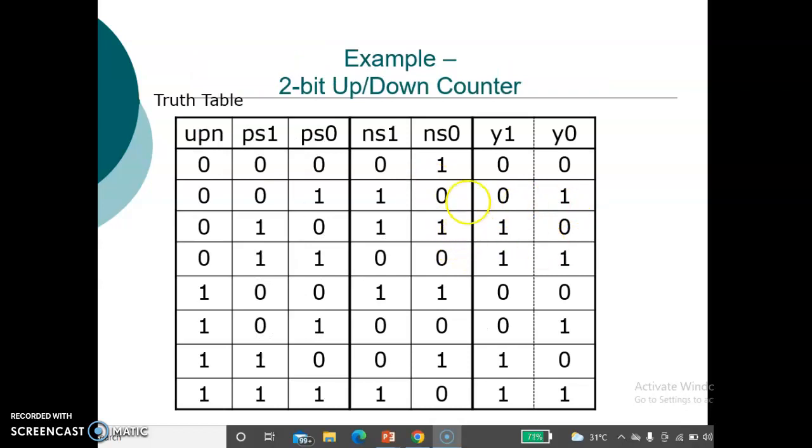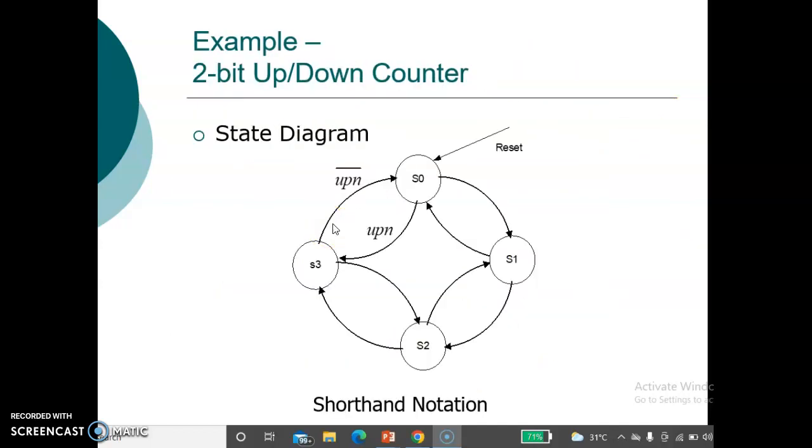Here this is truth table bar up and down counter. Yeah. In this state diagram, current notation, here S0 to S3 UPN, but S3 to S0 UPN bar.